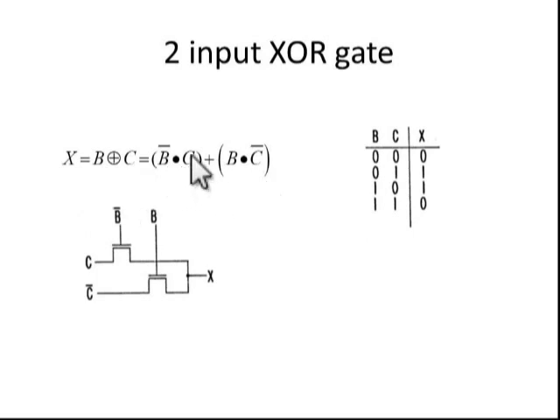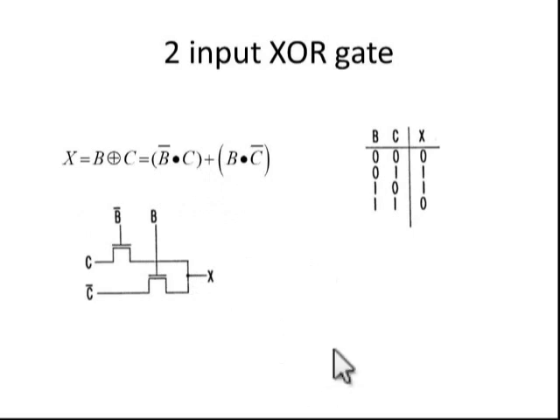First we will design this B bar dot C. This will give B bar dot C, and this transistor will give B dot C bar. And if we join these two, finally we will get X. So now X is nothing but B bar C plus B dot C bar.